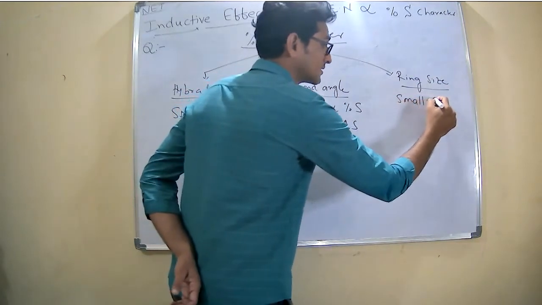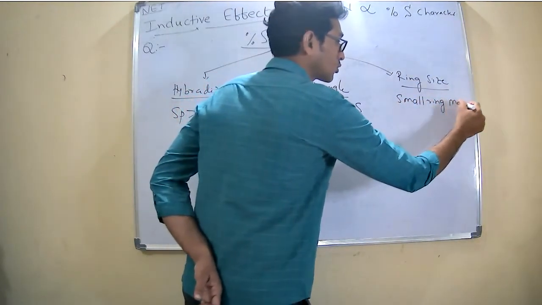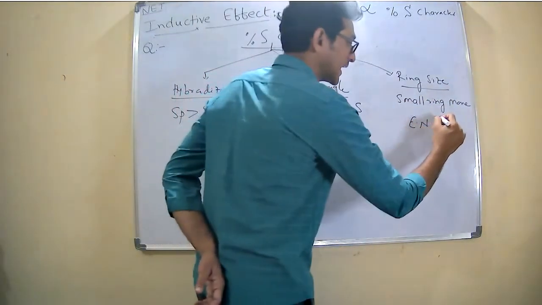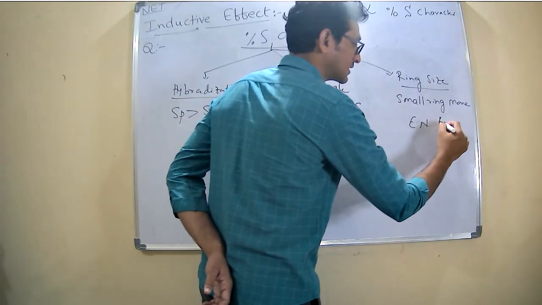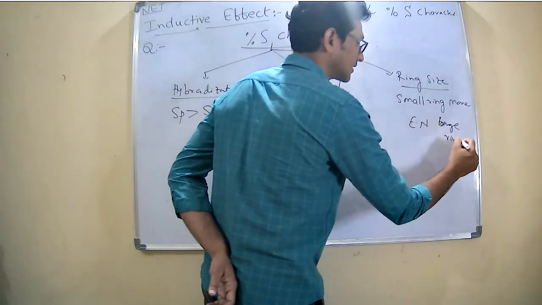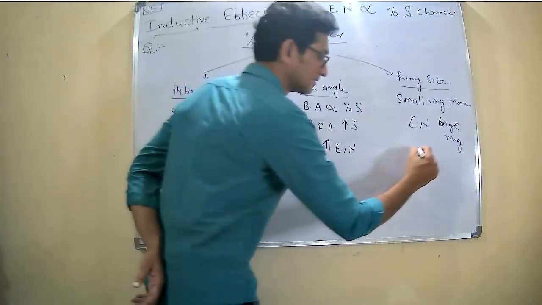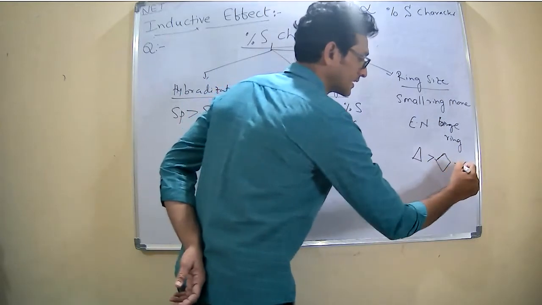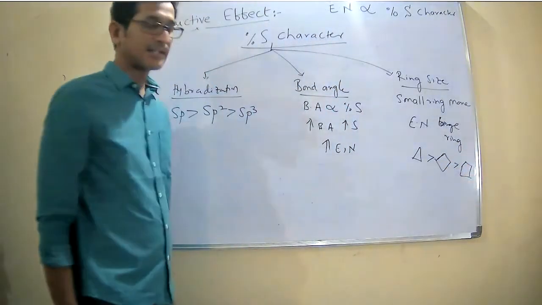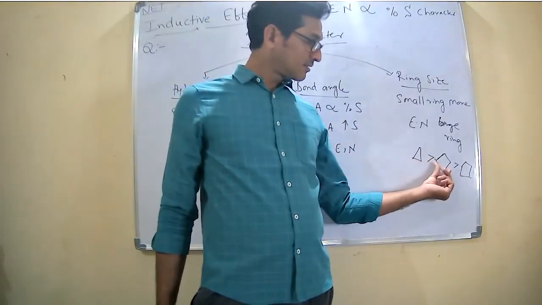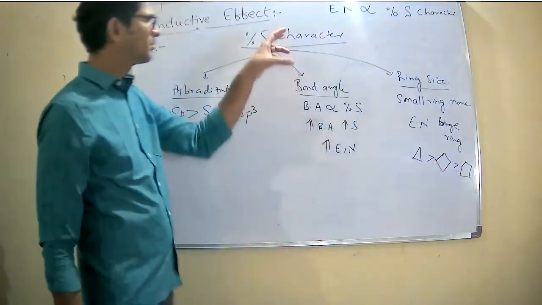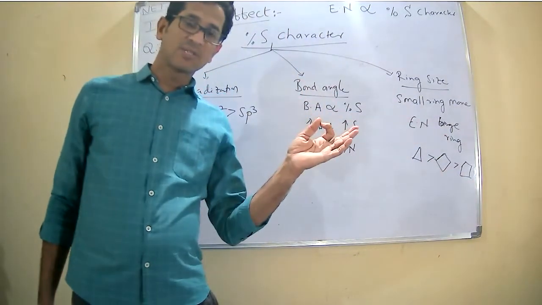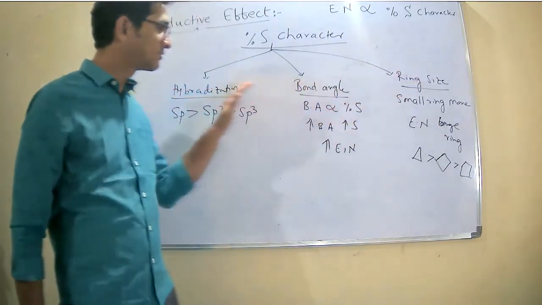Small rings are more electronegative than big or large sized rings. For example, propane, butane, pentane: more electron withdrawing, less electron withdrawing. So based on the percentage of S character, we can decide whether it is an electron withdrawing group or an electron releasing group based on these factors.